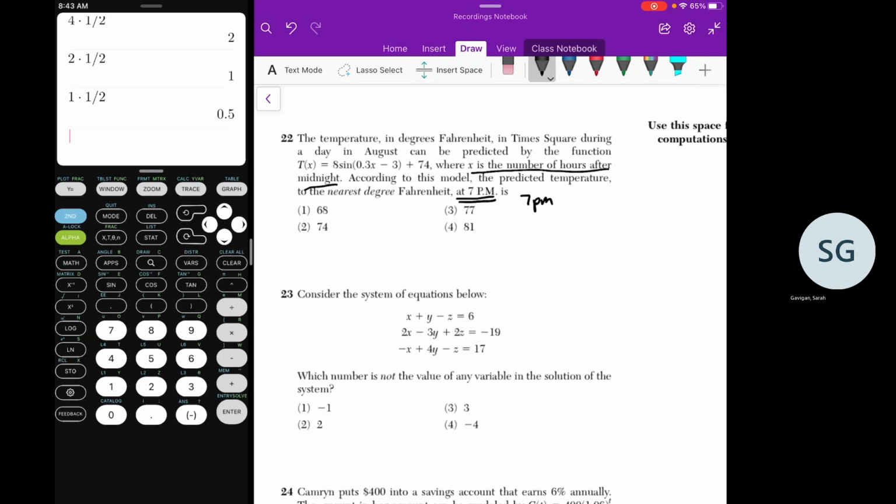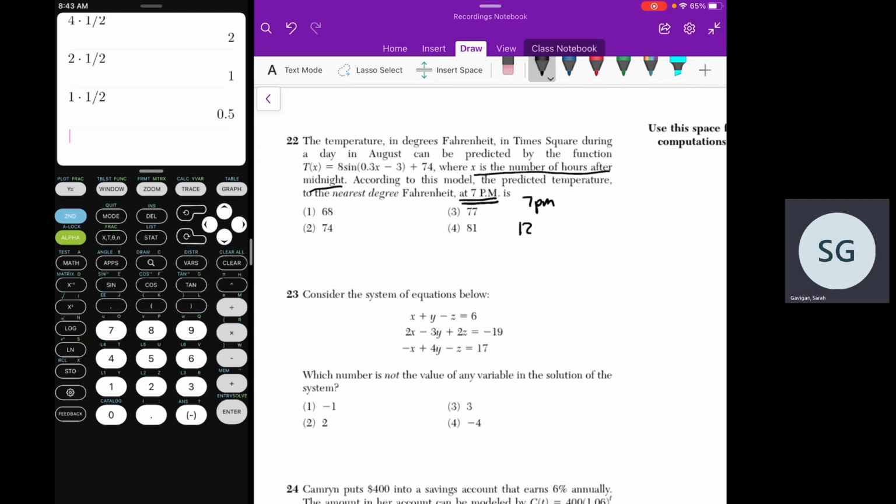Midnight is 12 a.m. So from 12 a.m. to 12 p.m., this is midnight. Then we'll go to like noon. Lunchtime is 12 p.m. And then to 7 p.m., which is like after dinner.